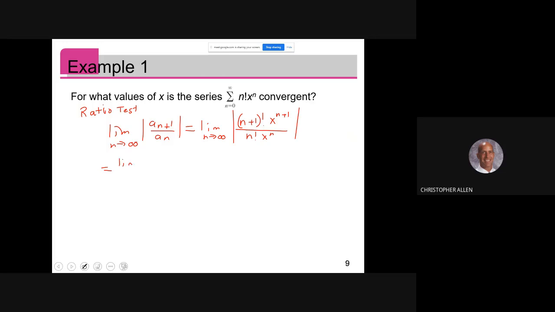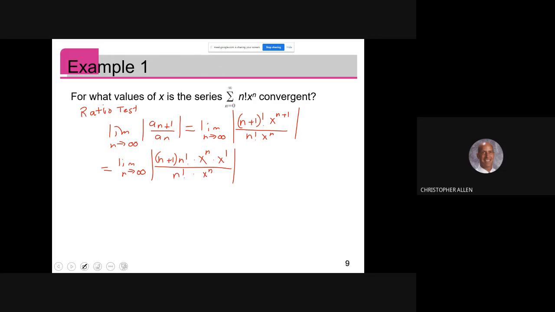So we've got the limit as n goes to infinity of the absolute value of n plus 1 times n factorial. That's that little trick we've used frequently in this chapter. So that n plus 1 factorial is the same thing as the quantity n plus 1 times n factorial. Similarly, we can break this into x to the n times x to the first, divided by n factorial times x to the n. Now I'm writing things conveniently so that you can see what's going to cancel.